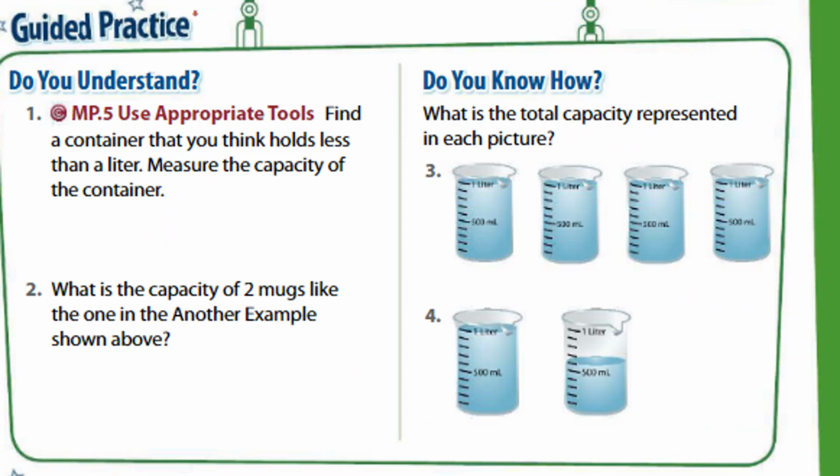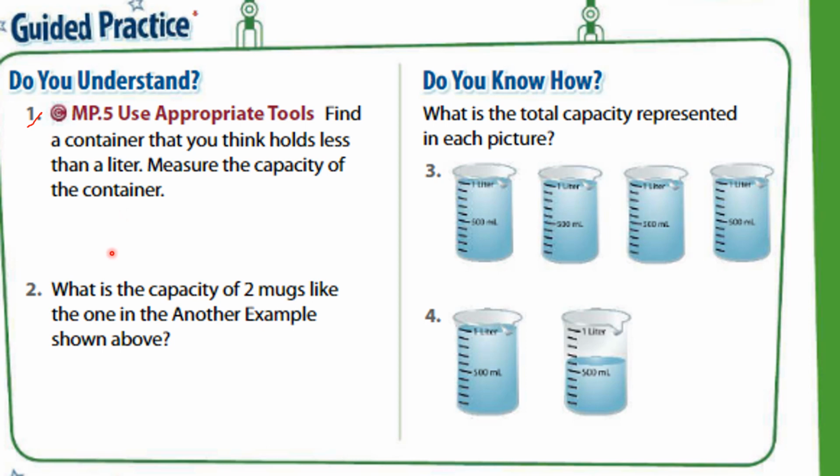Okay, next page, question 1. What you have to do, find a container that you think holds less than a liter. Measure the capacity of the container. So just go to your kitchen and find a container which you think holds less than 1 liter.